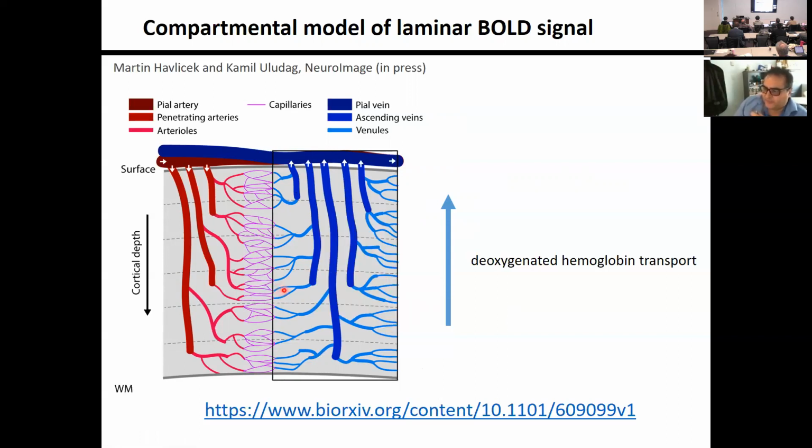It goes up this vein and to the pial vessel, which means also in this layer and this layer and this layer, you will have BOLD signal changes. So this already explains that when we have activation in one layer, in the BOLD signal we detect activation in all the layers on top of this layer.